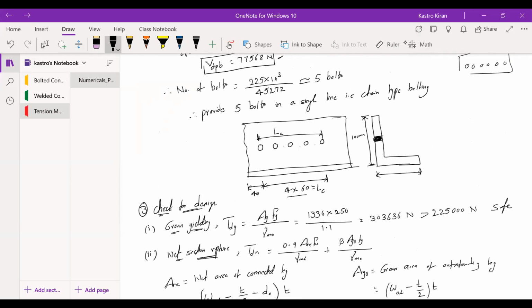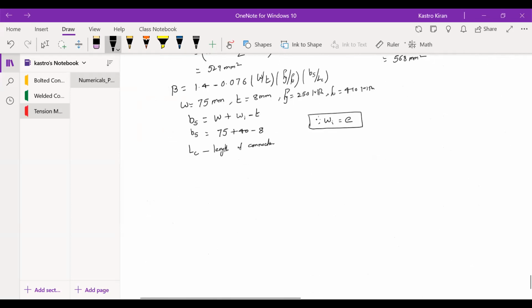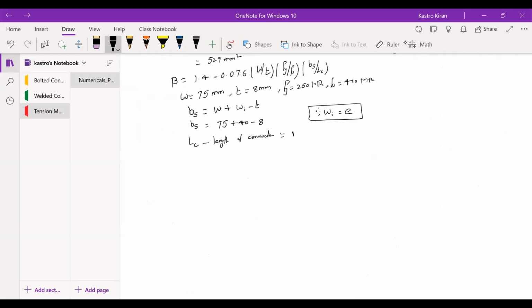So what is this Lc? 4 times 60, where 60 is the pitch distance between the bolts. You have 4 pitches. Therefore Lc, that is length of connection, equals 4 times 60, which is 240 mm. So if you solve for this, you will be getting the value of beta as 1.206.